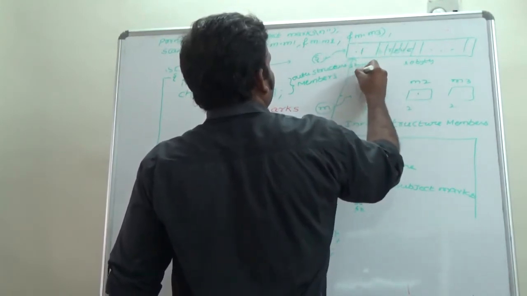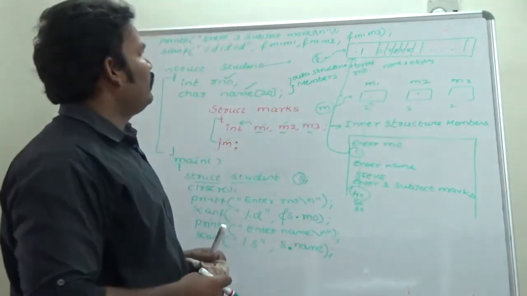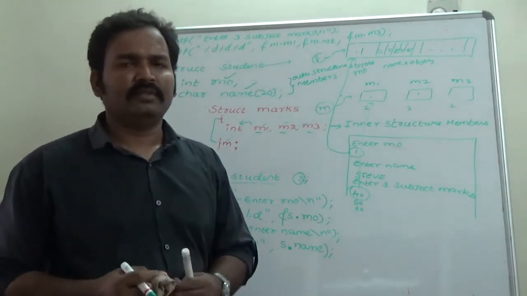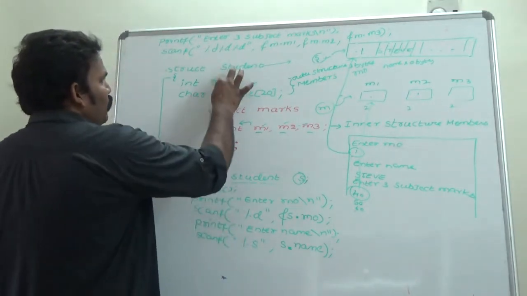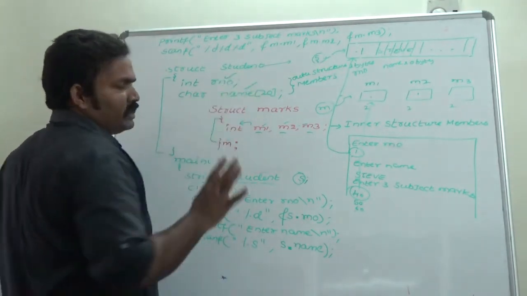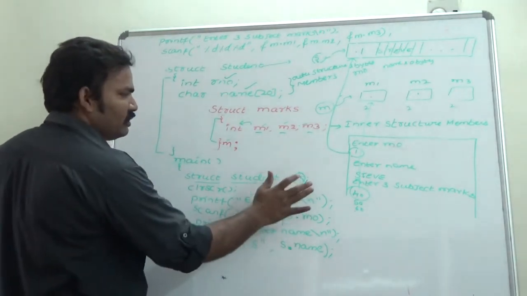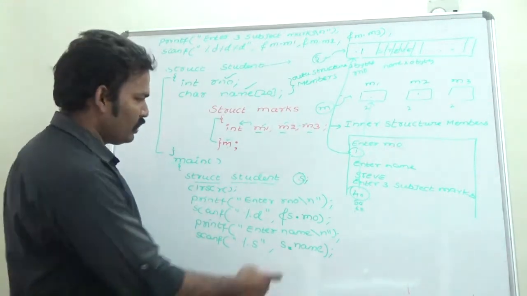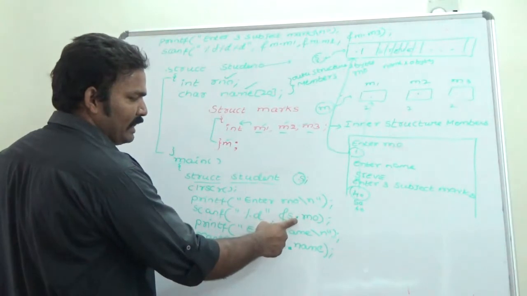So roll number, name. If you write like this for M1, M2, M3, it is not a valid statement. Why? Roll number and name are outer structure members, and outer structure members are accessed with the outer structure object name and the direct access operator, no problem.